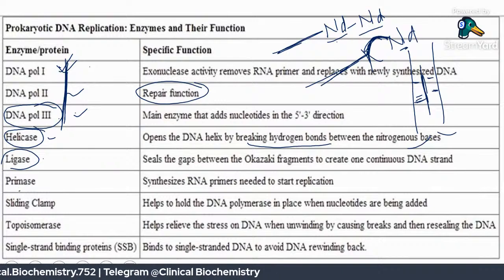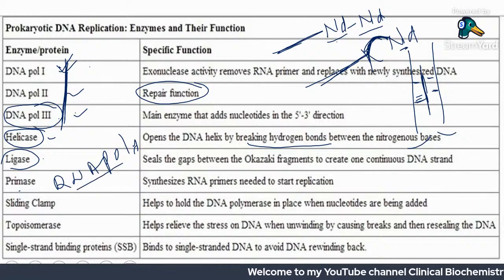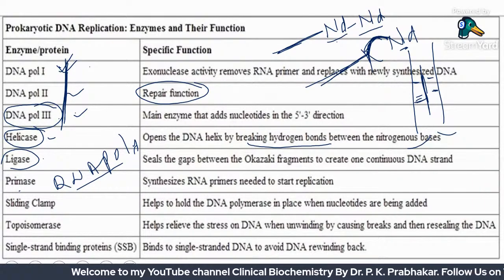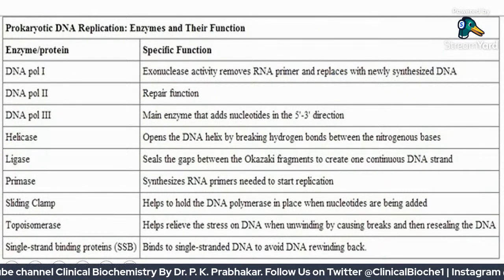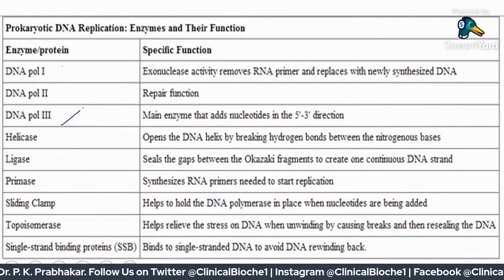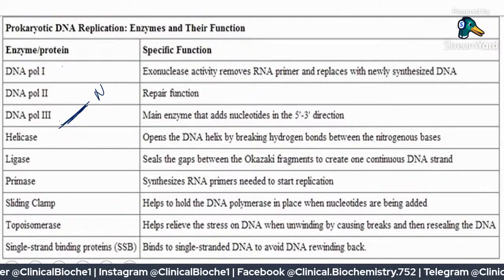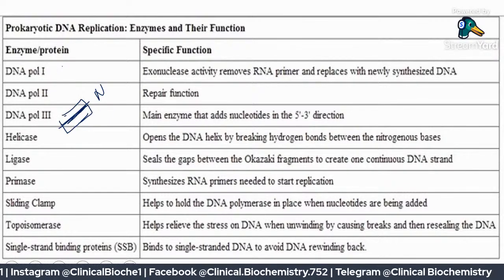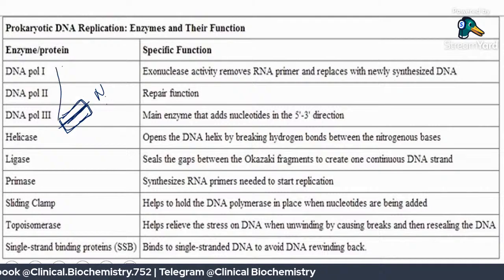Then we have primase. Chemically, this is an RNA polymerase, which normally makes RNA portions. DNA polymerase has one drawback: it cannot start a fresh copy of DNA synthesis. DNA polymerase can only add a new nucleotide on the growing chain. If you have a pre-existing DNA portion or RNA portion, only then will a new nucleotide be added by DNA polymerase.